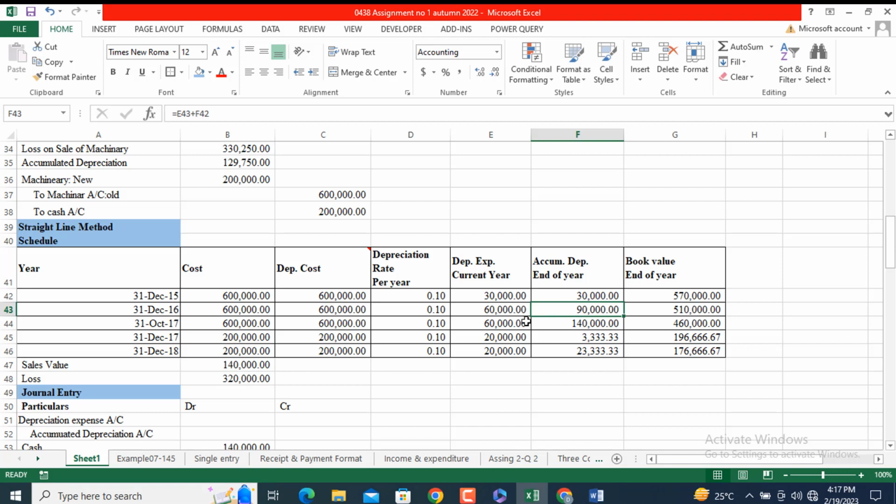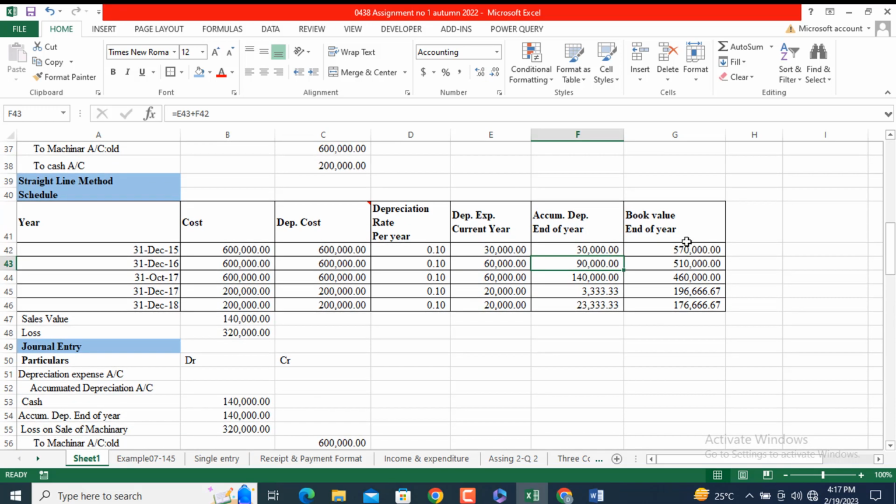Yes, now it is correct, because we have used this machine for 6 months, so we are taking half of the value of the 60,000, which is equal to 30,000, and again subtracting this 600,000 minus 30,000, we will get 570,000.